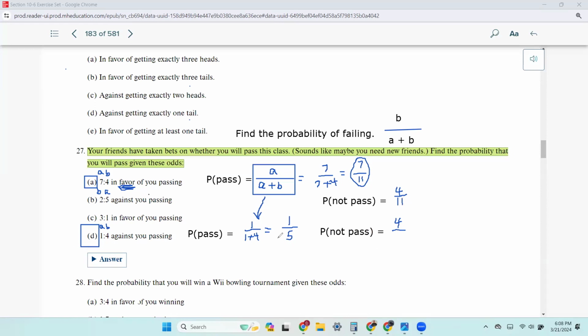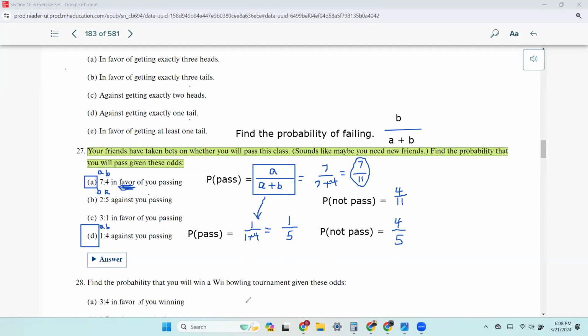What was it? Oh, it's 5, still 5. 1 plus 4. And you see 1/5 plus 4/5 gives you 5/5, which just proves the complement rule in action. So that's the gist of it.